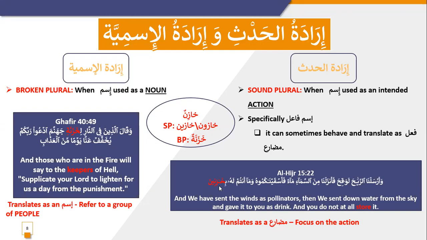This is not translated as an ism; it is translated as a mudari'. Because antum is plural, in order to match this, it has to be khazinina, which is plural. But otherwise, it's translated as a mudari'.